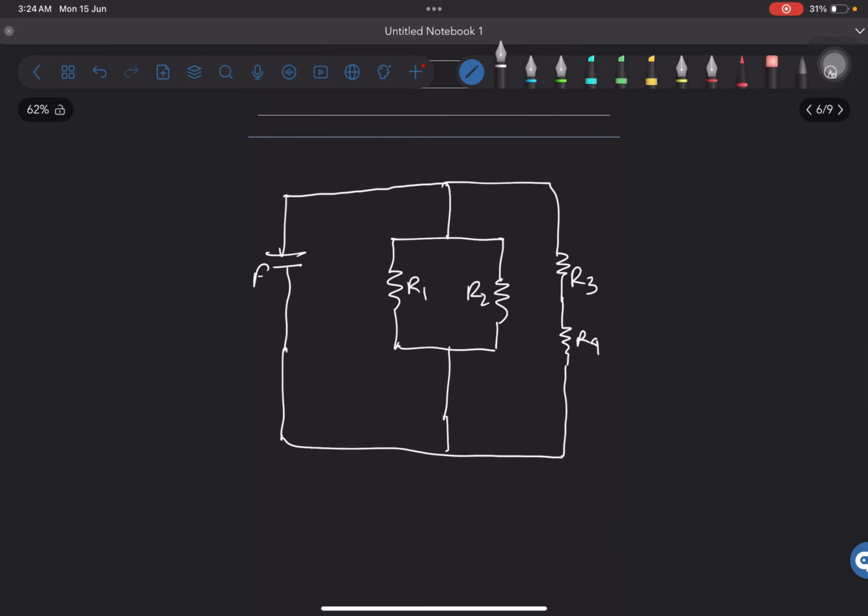This is E. So try for yourself and see if you can identify everything, which are the nodes and which are the branches. You can just pause the video right now and try for yourself.